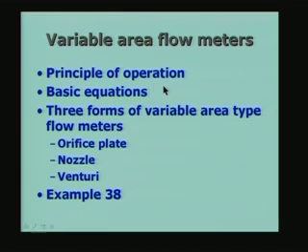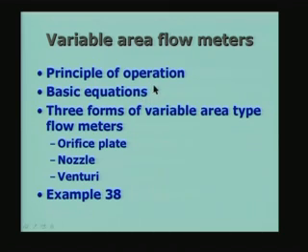Of course, we will have two different cases, one incompressible corresponding to either liquids or gases flowing at very low velocities, and if the velocities are not very small or moderately high, then some compressibility effects may be important in the case of gas flows.